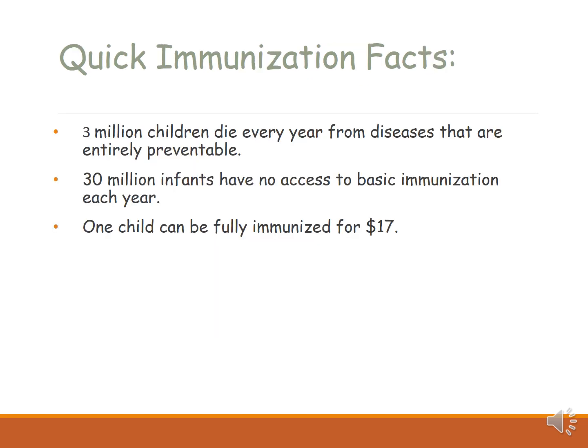But about 3 million children die every year, right, in the undeveloped world from diseases that are entirely preventable. Unfortunately, we've had some children die of preventable diseases in the United States because they were not vaccinated. Worldwide, there are about 30 million infants that don't have access to basic immunization care. One child can be fully immunized for about $17.